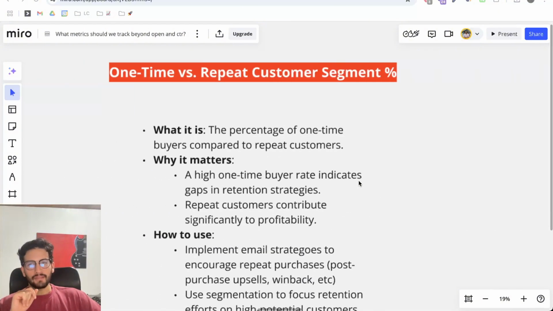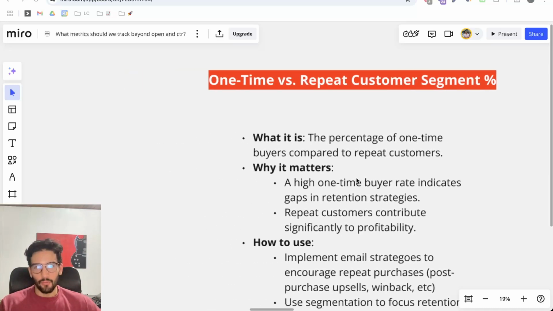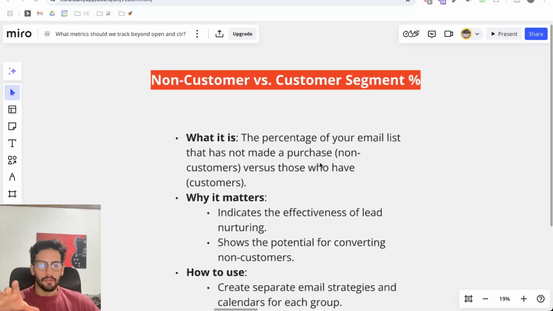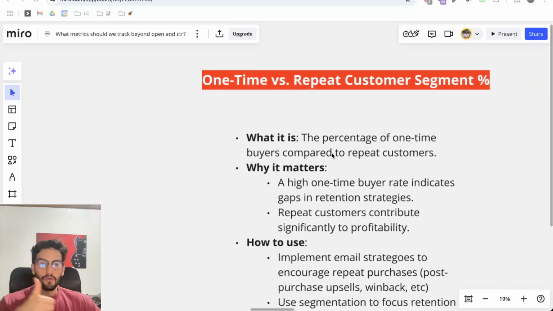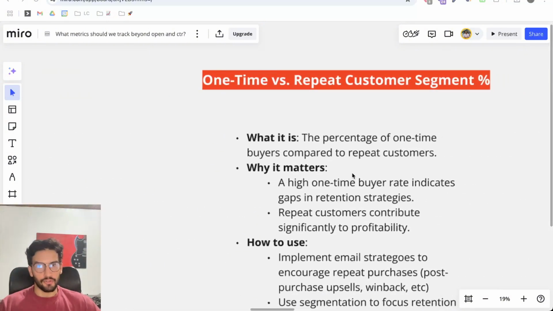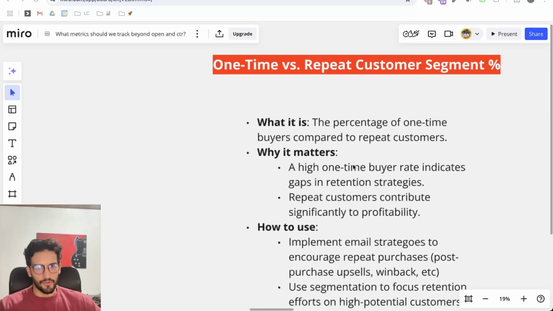Moving on, we've got the one-time versus repeat customer segment percentage. What it is: the percentage of one-time buyers compared to repeat customers. So here we had non-customer versus customer segment percentage, and here we have one-time customer versus repeat customer segment percentage. So 2+ orders, right?